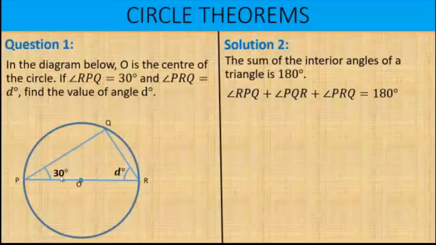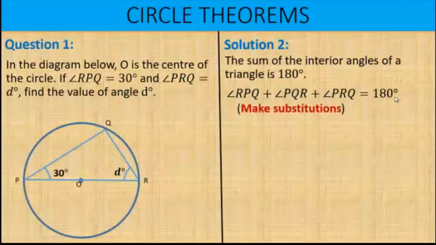And so from this circle, the triangle within this circle and at the semicircle, when we add angle RPQ to angle PQR and then to angle PRQ, they should give us 180 degrees, as you see on the screen.